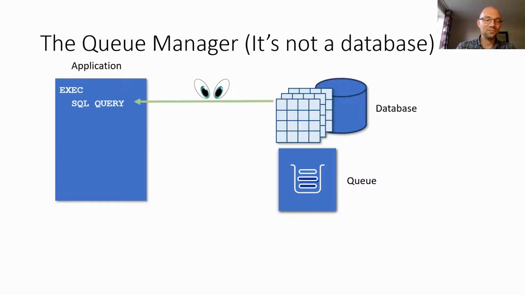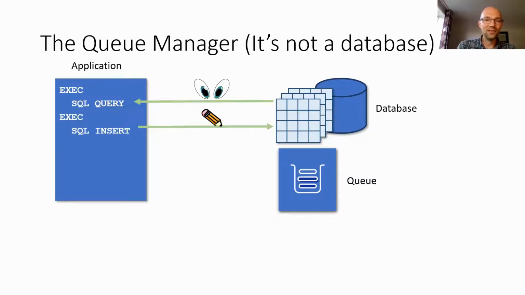If you consider what applications normally do with databases and queue managers in terms of what operations they perform on tables and queues, normally most calls to a database are to query information that's stored in a table. That returns information from the database to the application, but it doesn't change anything.